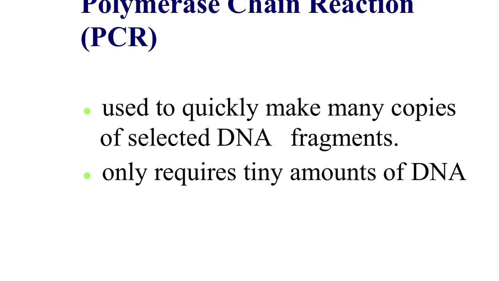If you just have a few cells' DNA, you're not going to have enough to even detect these bands in the electrophoresis. So PCR, polymerase chain reaction, is a technology used like a copy machine to make more DNA. You only need a little tiny bit of DNA to start.